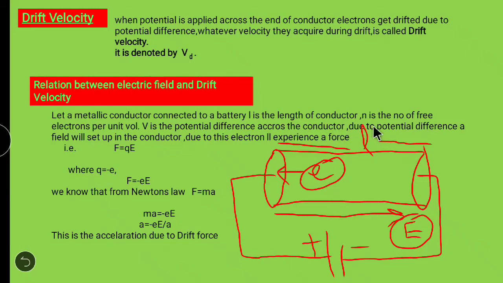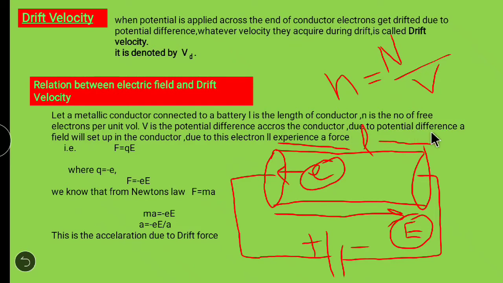Suppose N free electrons were there inside the conductor, and the volume of the conductor is V. So small n is nothing but capital N upon V, meaning the number of free electrons per unit volume. Okay, and V is the potential difference across the conductor.